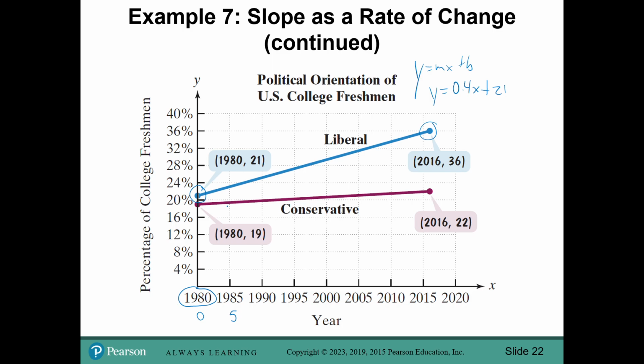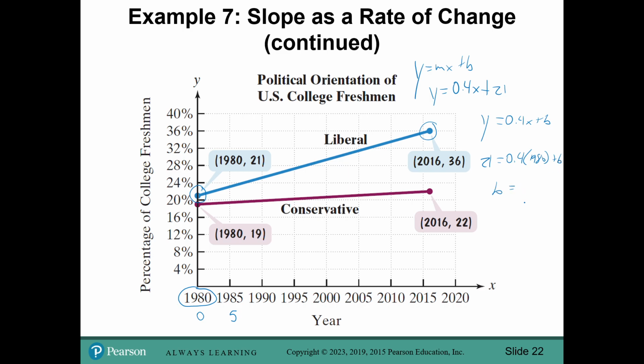Otherwise, if you did not align it, and you wanted to use the full year, you would have to solve for that b point. So you would have to do y equals 0.4x plus b, and then plug the point in. So we would plug 21 in for our y, 1980 in for our x, and then solve for our b value.